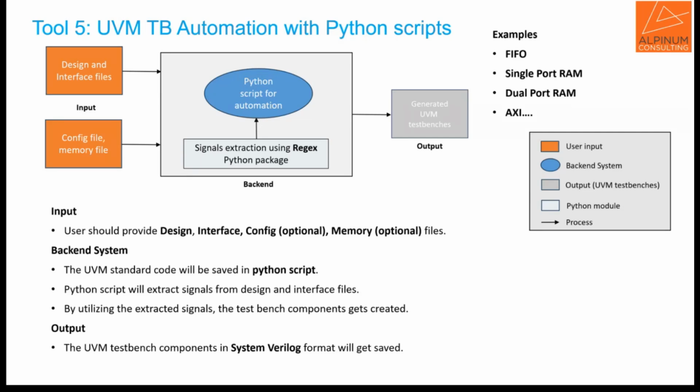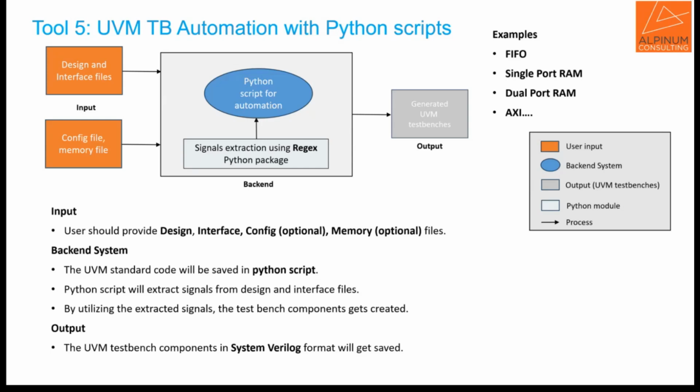We read the design specs, interfaces and configurations and generate a standard UVM based test bench, which is the main test bench generating all the stimulus and driving all the traffic for the particular IP or design in question at the moment. This slide shows the high level block diagram of how it has been implemented: the extraction of the specs, signals and configuration, and as an output it produces a UVM test bench.